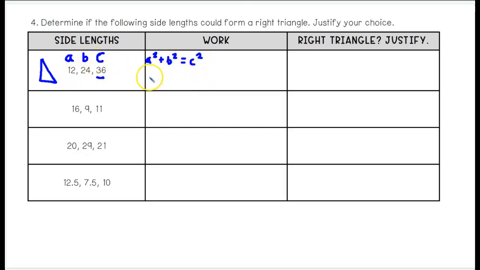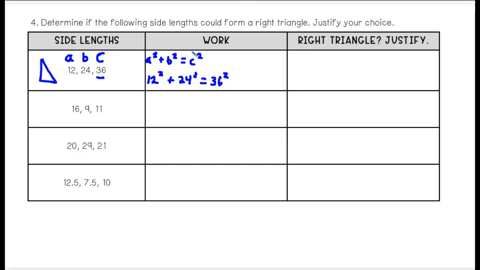I'm going to square 12. 12 squared plus 24 squared should equal 36 squared. And so let's punch in our calculators. 12 squared is 144.